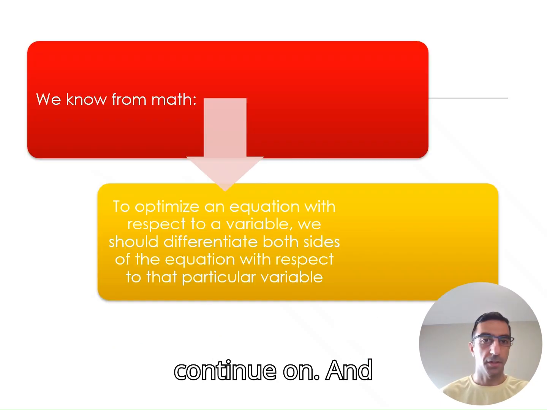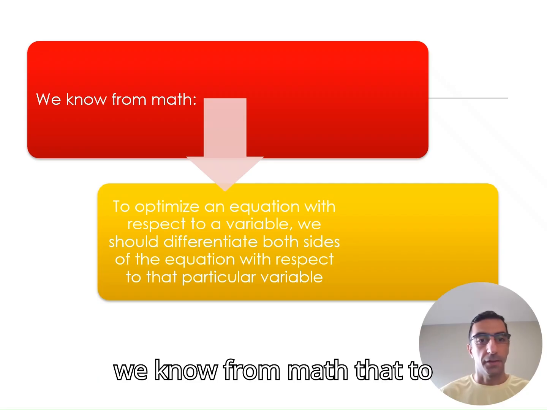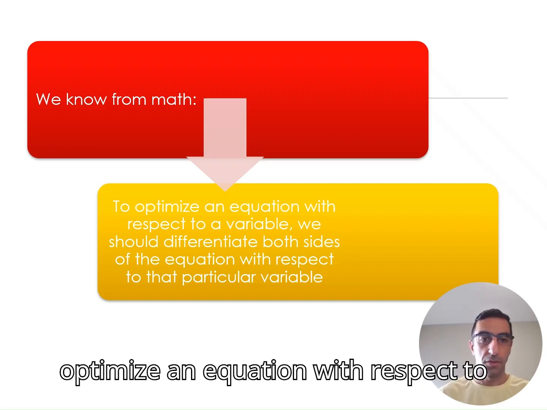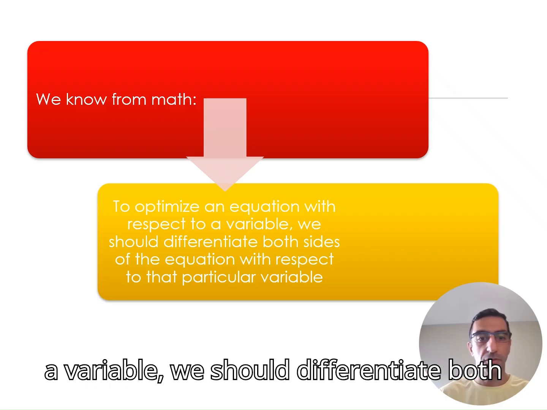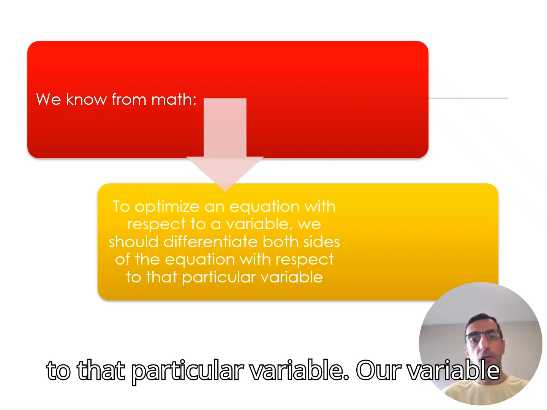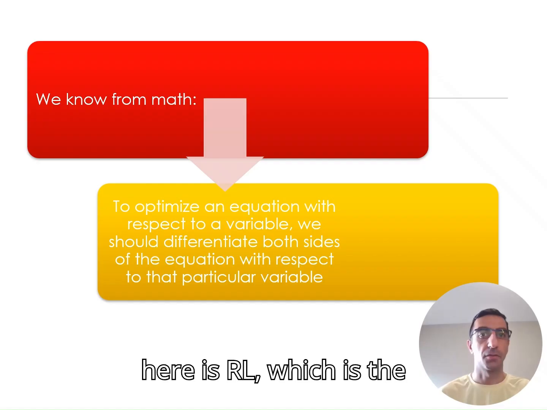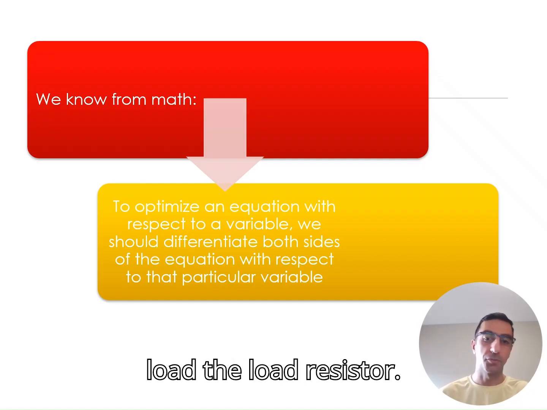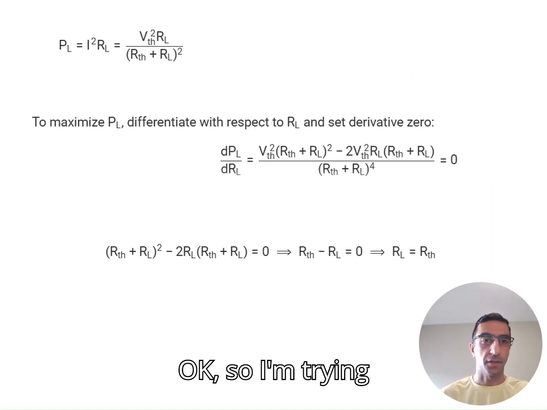Continuing on, we know from math that to optimize an equation with respect to a variable, we should differentiate both sides of that equation with respect to that variable. Our variable here is RL, the load resistor.